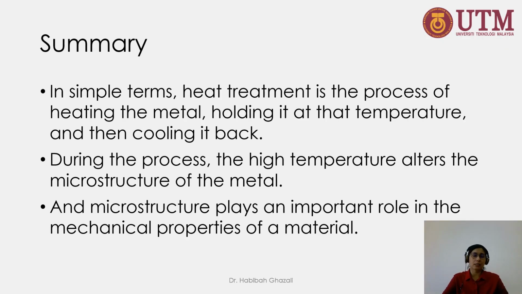So those are the different types of heat treatments that can be done to change the mechanical behavior of steels. In summary, in simple terms, heat treatment is the process of heating the metal, holding it at that temperature and then cooling it back. During the process, the high temperature will alter the microstructure of the metal, and as we know, the microstructure plays an important role in the mechanical behavior of a material.